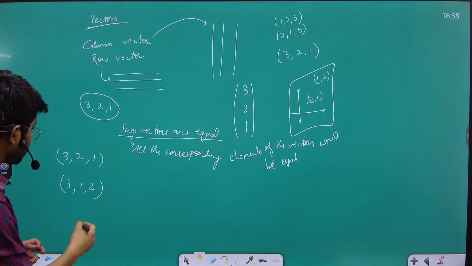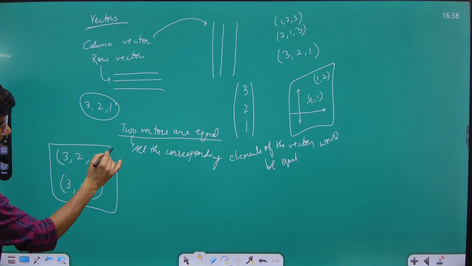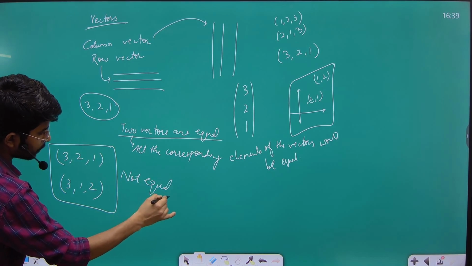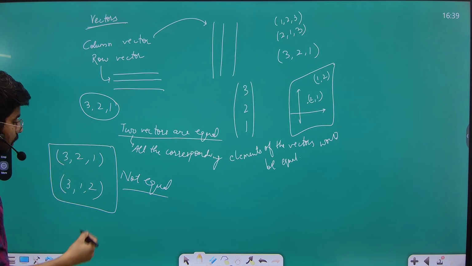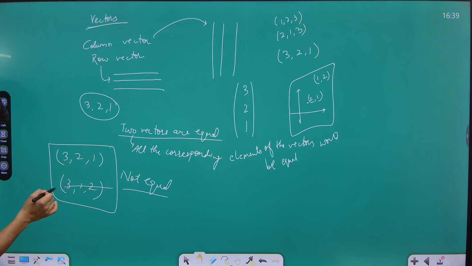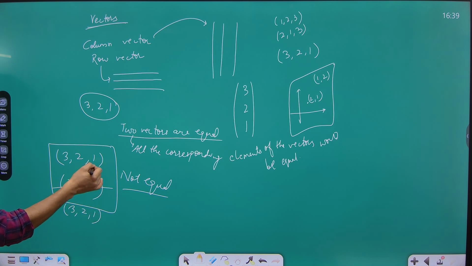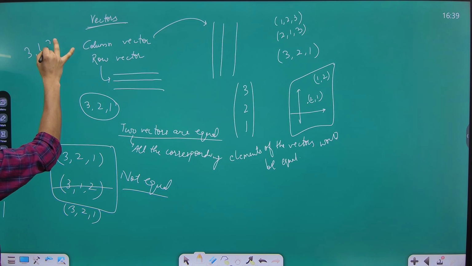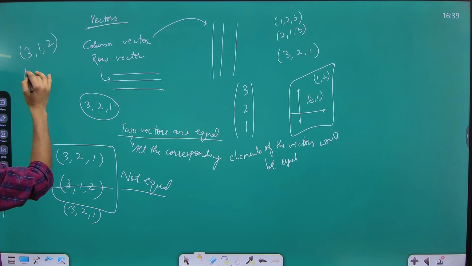Okay, that means these two vectors are not equal. Okay, so when would they be equal? When in place of (3, 1, 2), if we had (3, 2, 1), then these two vectors would have been equal.